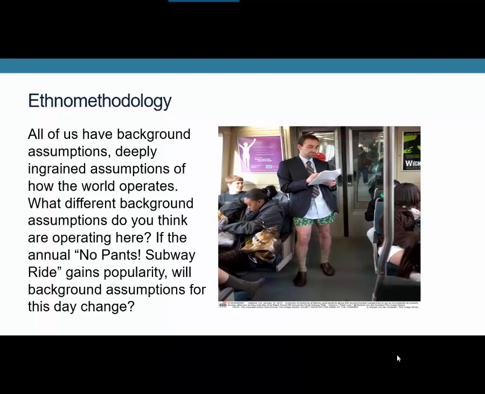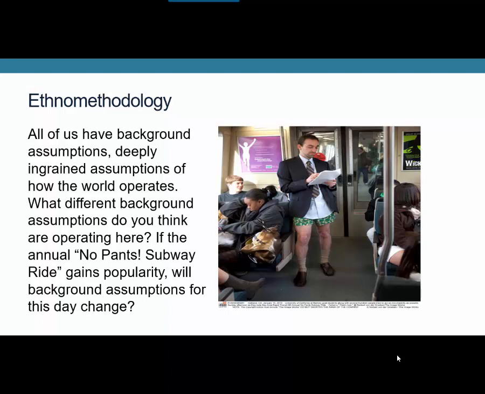Ethnomethodologists would be interested in, when confronted with something unexpected, how do you define the situation? And as humans, the fact that we often want to rope other people into how we define situations is of special interest to ethnomethodologists. And in case you're wondering, the reason why that guy is not wearing pants is because it's the annual No Pants subway ride that has been gaining in popularity.